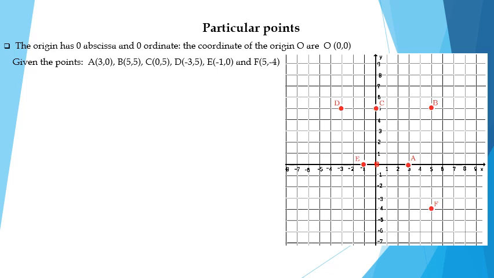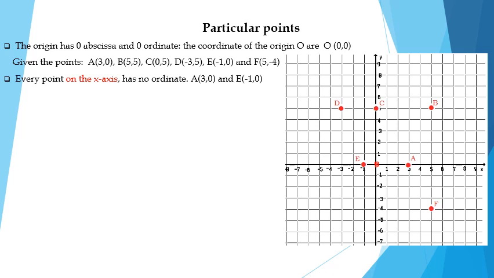Given the points A, B, C, D, E, F, they are shown here inside the orthonormal system. We should know that every point on the x-axis, here for example, A belongs to the x-axis, its ordinate is 0. E also belongs to the x-axis, its abscissa is -1, its ordinate is 0.